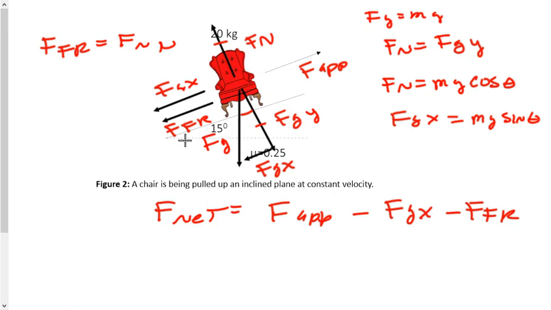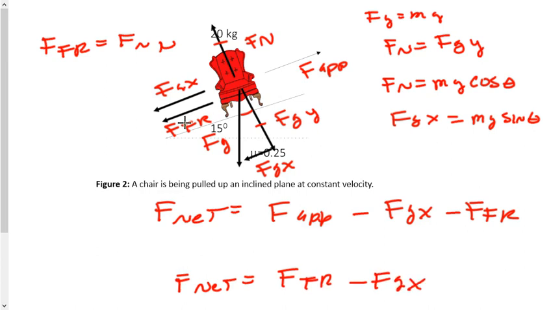Now, friction force is always a mystery. What direction does it point? I just remind you that force friction always points away from the motion that the object wants to go in. So, for instance, let's say we remove the applied force here. Well, then force gravity x is going to be pulling this downwards, and friction force would be opposing that motion. So if we write that equation, force net in that case would equal force friction minus force gravity x.